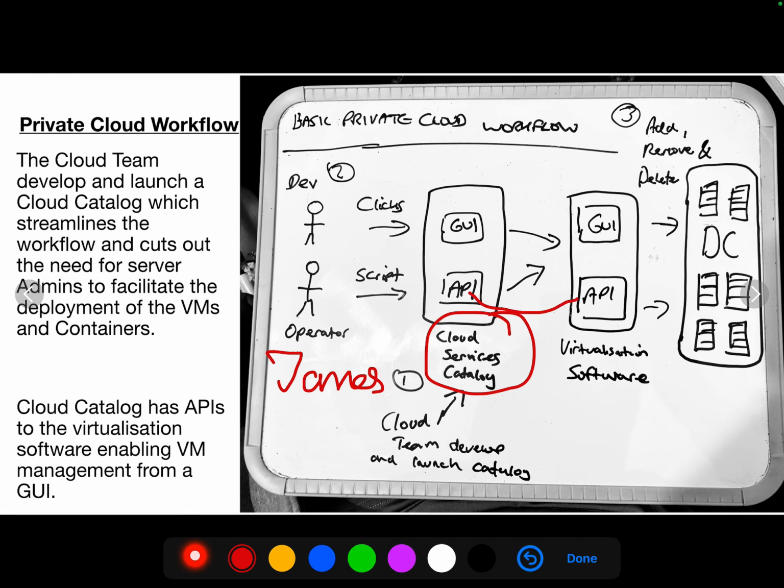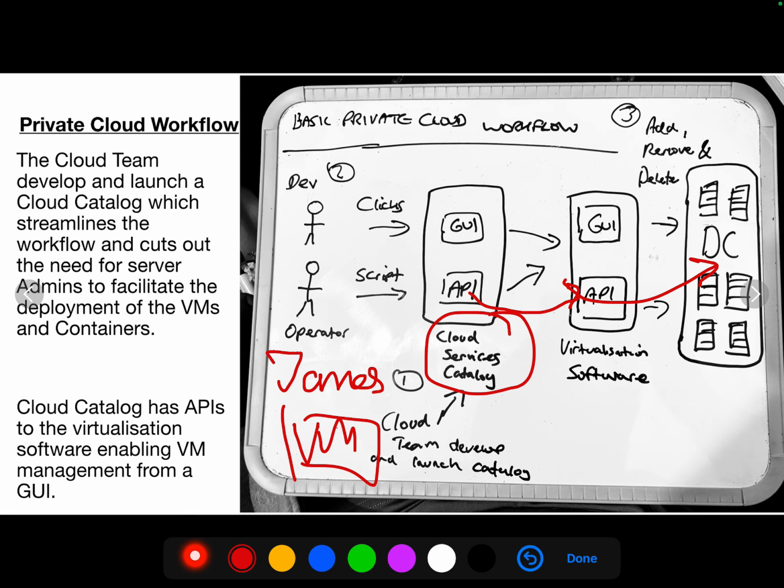The API will interact with the API in the virtualization software. Interaction with the data center creates the VM, and James has a VM, but there was no need to get Stephanie and Barbara involved. There was no need for the IT personnel, the server and virtualization engineers, to get involved. The cloud services catalog streamlines the workflow. It cuts out some administration and makes the process simpler.